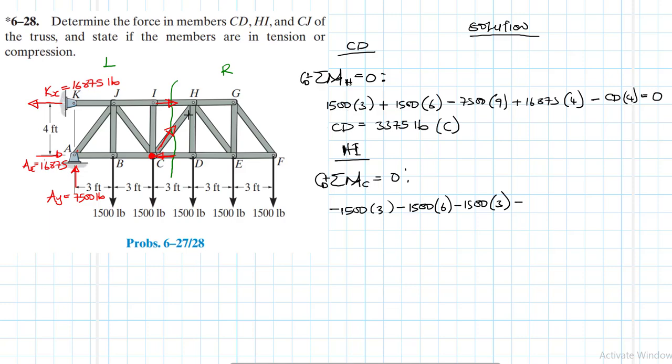We are assuming HI is coming out like so, because we had assumed it to be in tension, so it's coming out from the joint, like this. We had assumed it to be in tension initially, so that's the same thing.